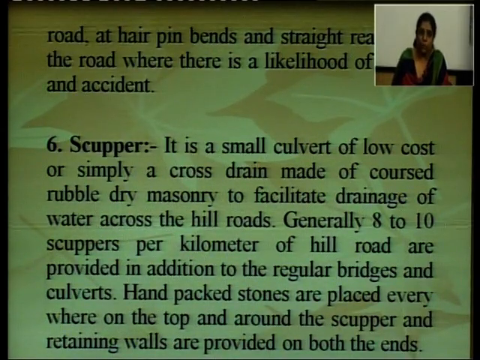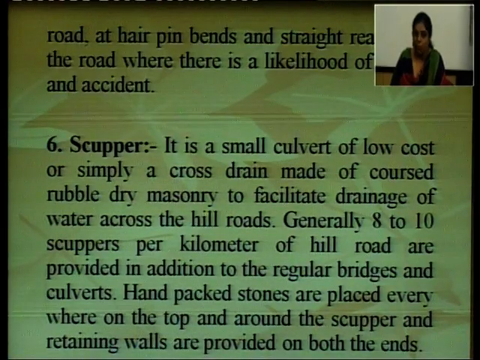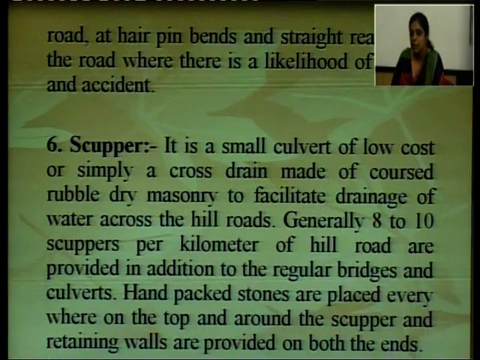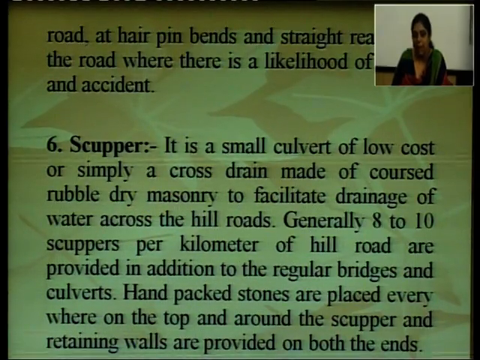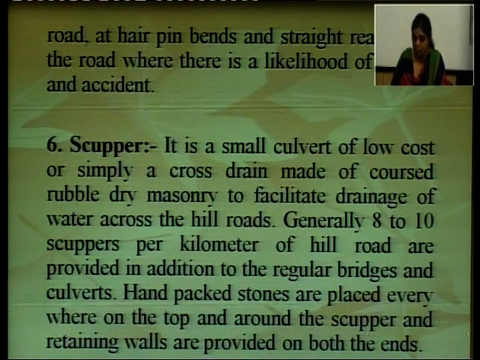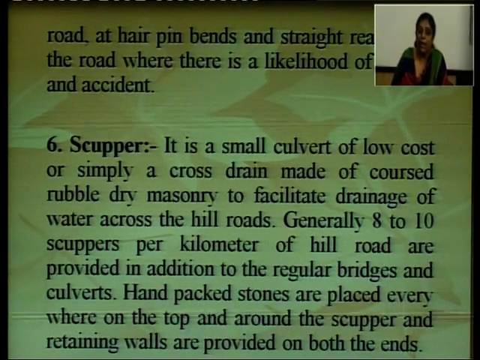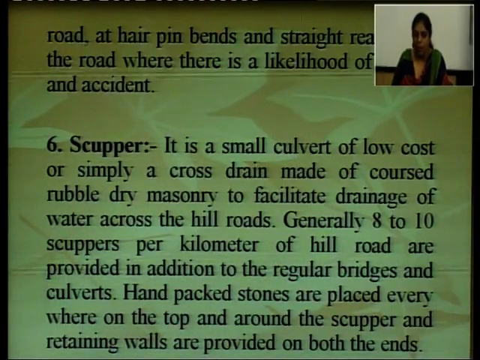So, due to that speed of water, it erodes the soil on the hill slopes, and finally that poses us grave problems, grave dangers. So, it is important that we should have very good drainage arrangement on the hill roads.